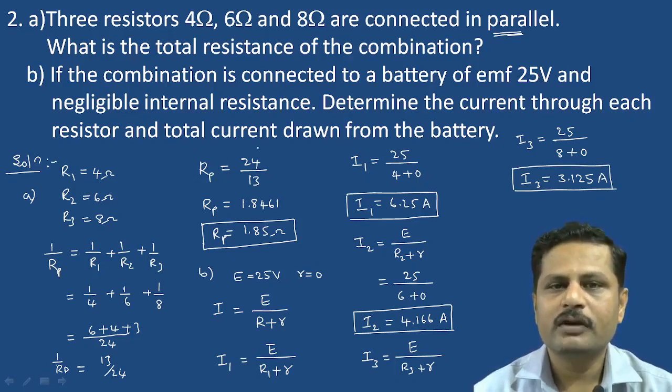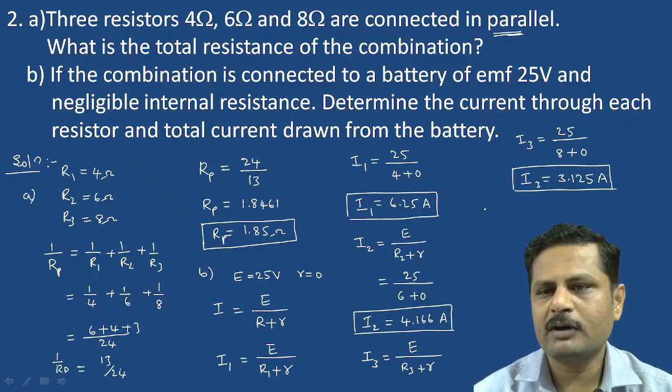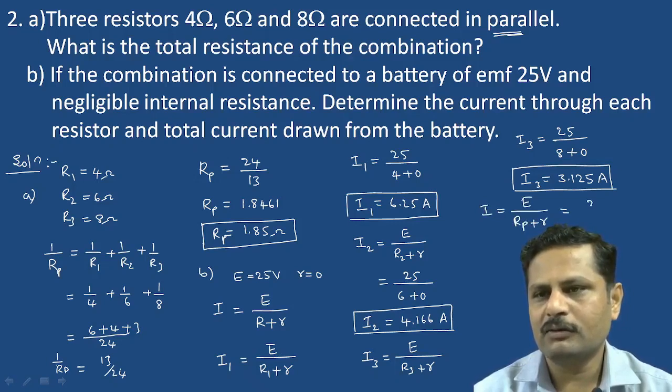Now we need to find out the total current drawn from the battery. Total current drawn from the battery can be written as I equals E divided by RP plus R. As you know, E is 25 volt and RP is 1.85, and internal resistance is 0.